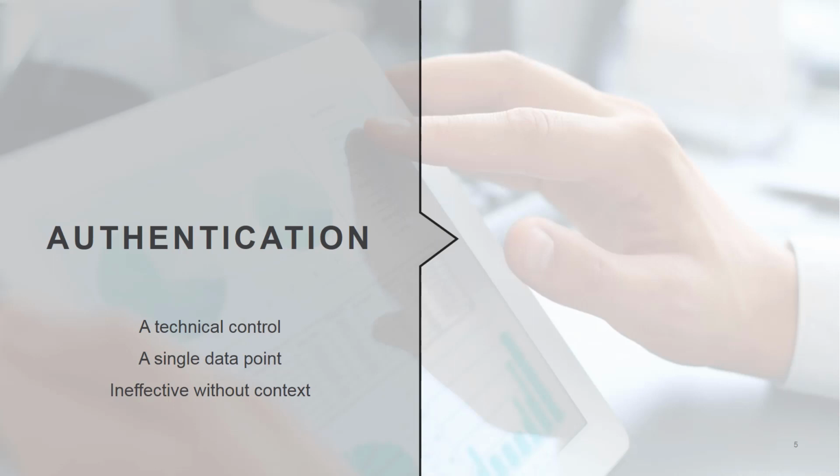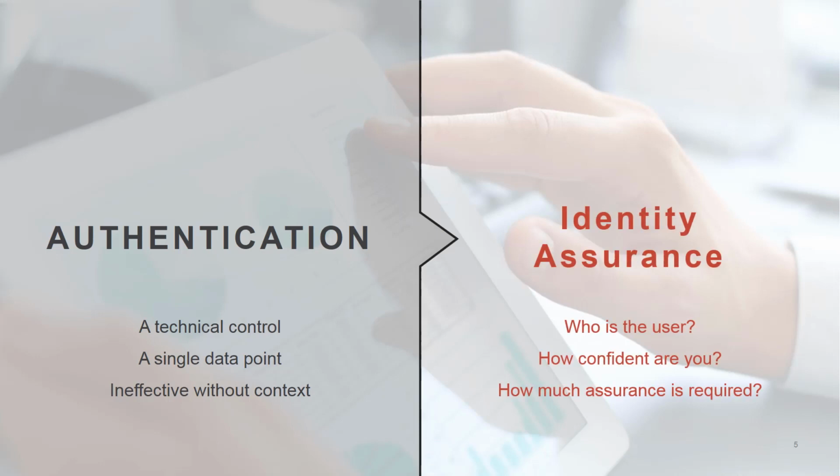So authentication is usually a passcode that generates over and over, right? You have one single data point and you have to do it over and over. It doesn't learn, it doesn't grow, it doesn't get better, right? It just prompts you every time you log in to put in that passcode, and that's the only way you can do it. But identity assurance is: who is that user?